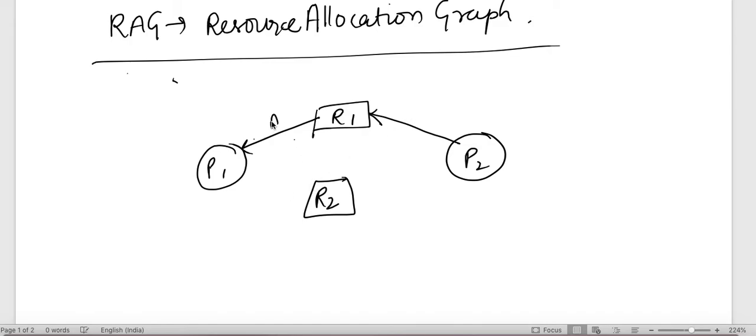This is allocated, this is requesting. R2 is allocated to P2 and P1 is requesting R2. Got it?